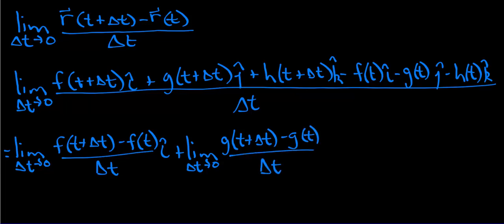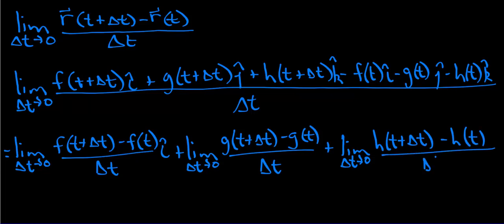Okay, got that. And then finally, the grand finale, I've got the limit as delta t goes to 0 of h of t plus delta t minus h of t over delta t. And I left off the j, and here I've got to remember the k. Can't leave those off.